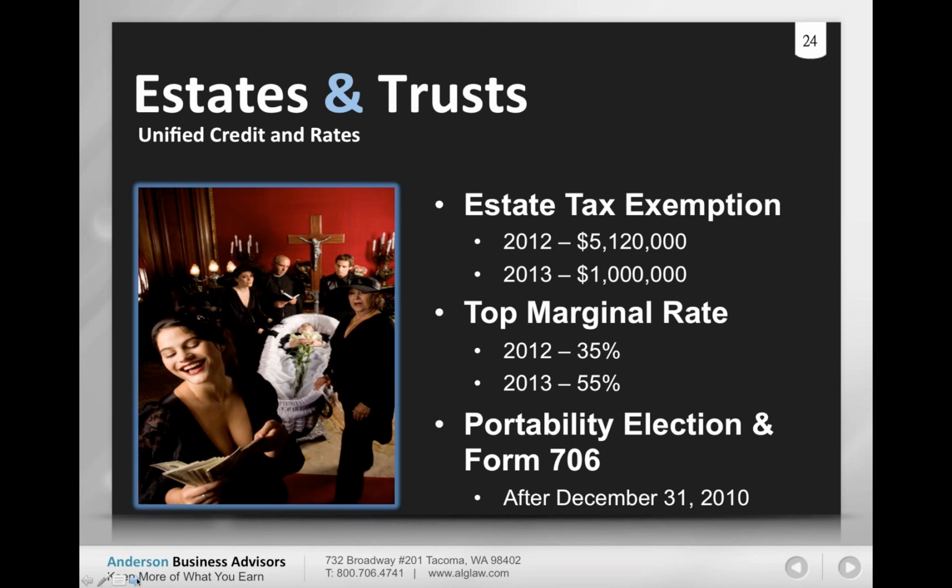You may think, oh, I don't need to file a 706 tax return because I have a situation that, you know, I'm well under the estate limitation, and so forth. So when a husband, wife, or a spouse of one or the other passes away, you really need to look at making this election so that the other surviving spouse will be able to reap some of that exemption limitation.